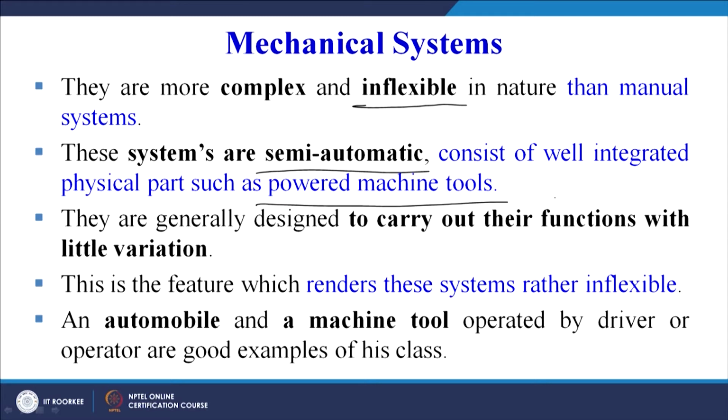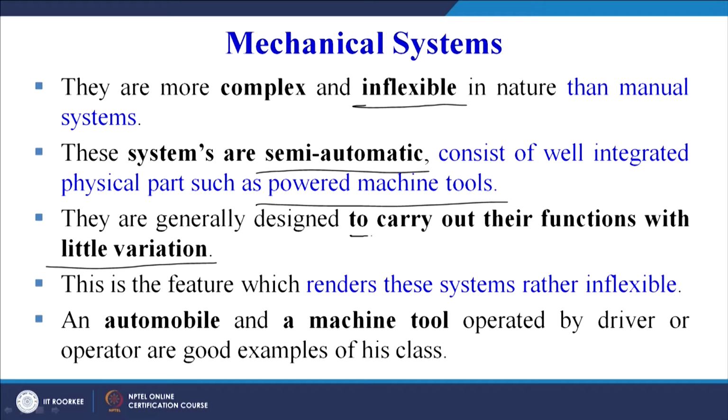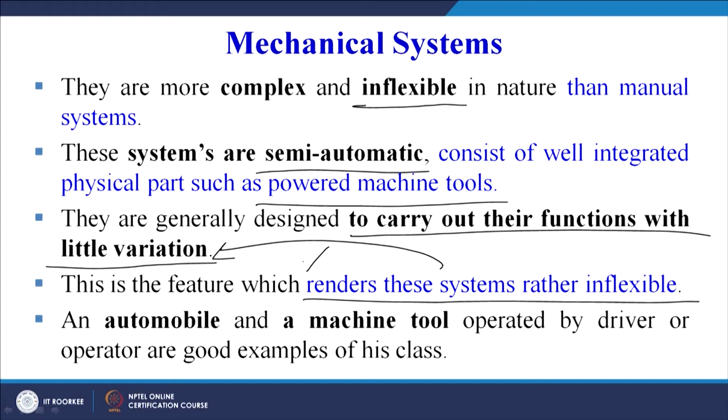In most of the work in a manual system, work is done with human intervention, but here you have the help of machines, which are semi powered tools, or a semi-automatic system. They are generally designed to carry out their functions with little variation. So the variability is also reduced in case of a mechanical system. This is the feature which renders this system rather inflexible. So when the variation is minimum, the system becomes inflexible.